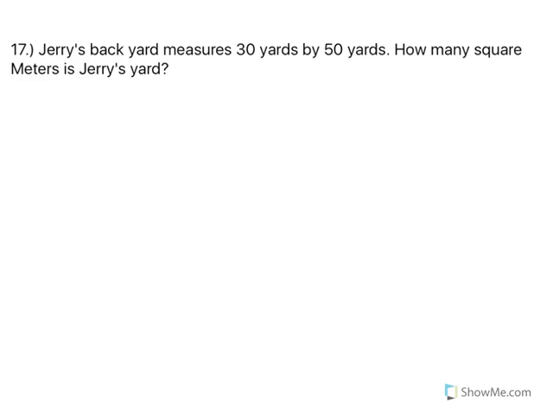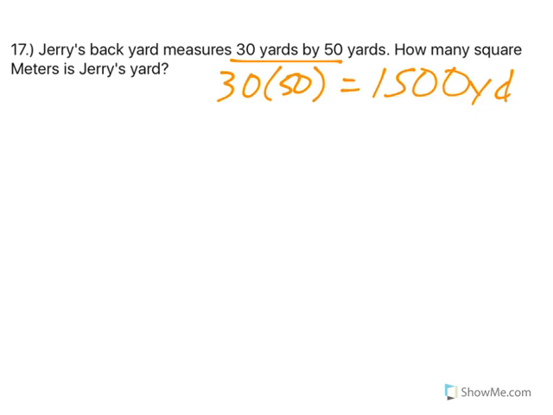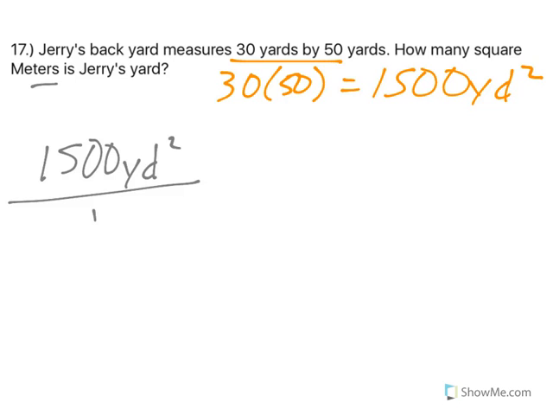Jerry's backyard measures 30 yards by 50 yards. How many square meters is this? Well, first, if I multiply 30 by 50, I'll come up with 1,500 square yards. Well, I don't want square yards, I want square meters. So I start with 1,500 square yards, right? Start my conversion. And I know that 1 yard is 0.9144 meters.